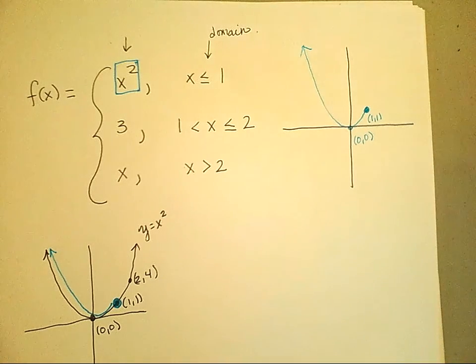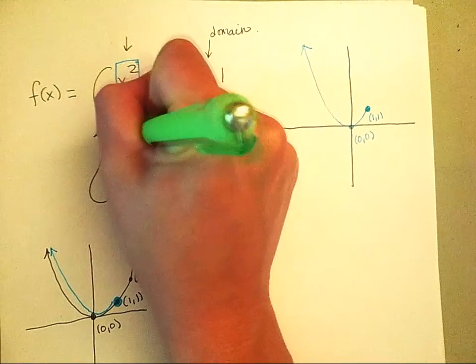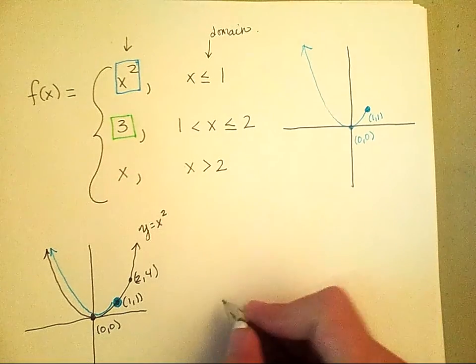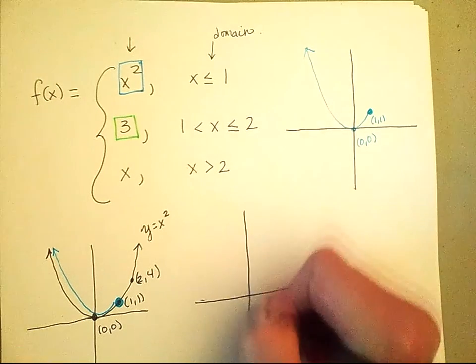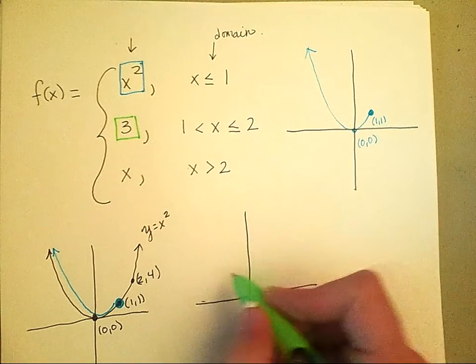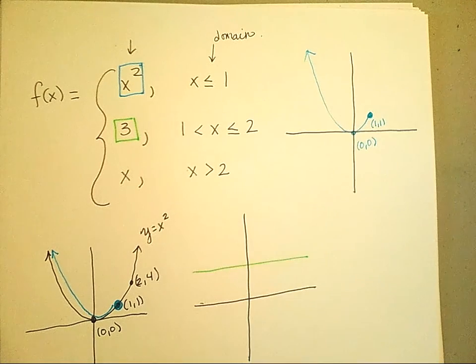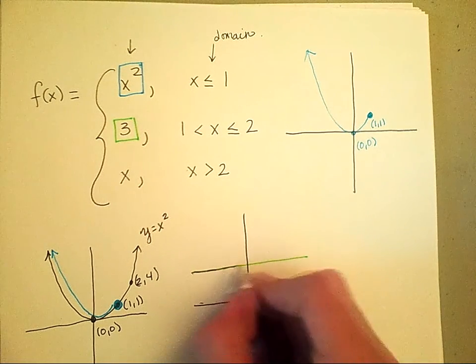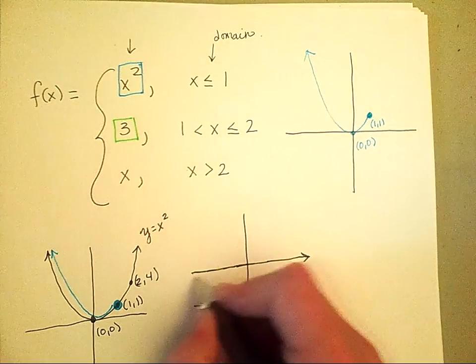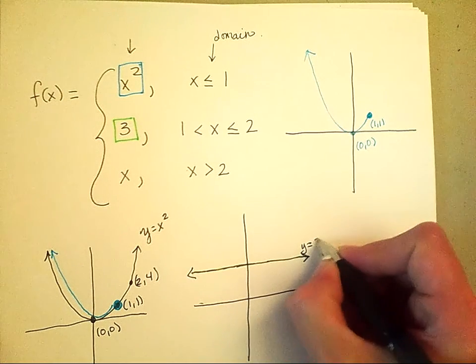Now let's move on to part 3. Now part 3 is the constant function 3. So if we were to graph that, that's just this line, where y is equal to 3.